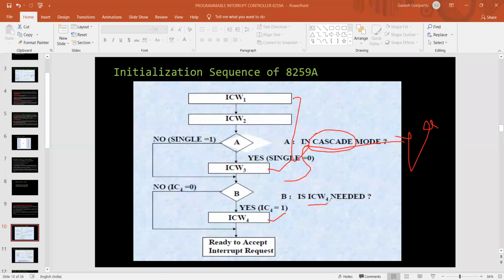Okay, so when you are operating in the cascade mode, you definitely need 4 initialization command words. Why and how, that you will be seeing later. Okay, hope the points are clear to you now, one by one, right?